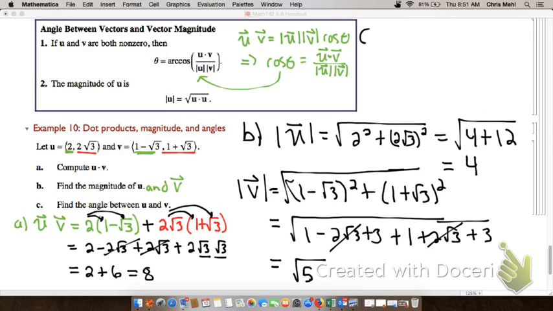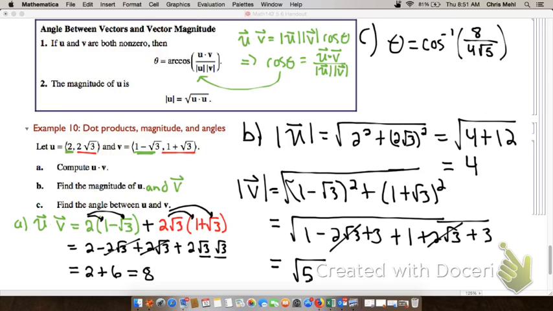And then part C will come up here. The angle theta now is going to be cosine inverse of u dot v, which is 8, over the product of the magnitudes, which is going to be 4 square root of 5. And you put this in the calculator.